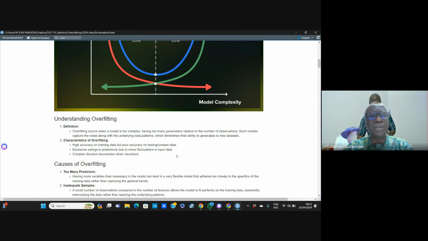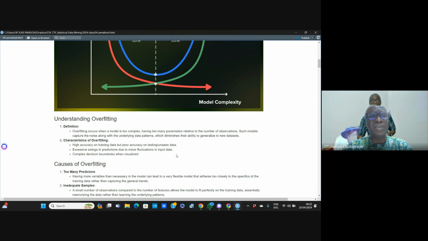Another main feature is excessive swings in predictions, so the predictions will not be stable, because noise is only going to emphasize more on noise and not signals coming from the data.